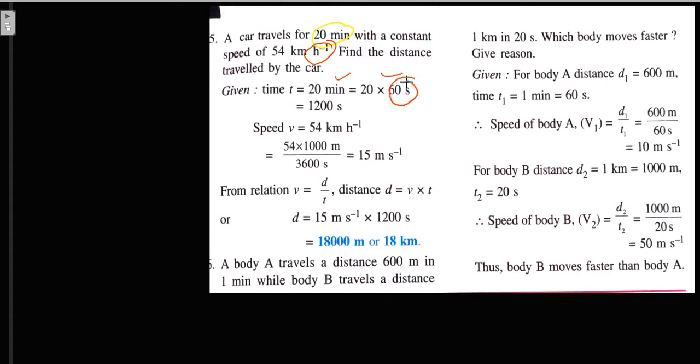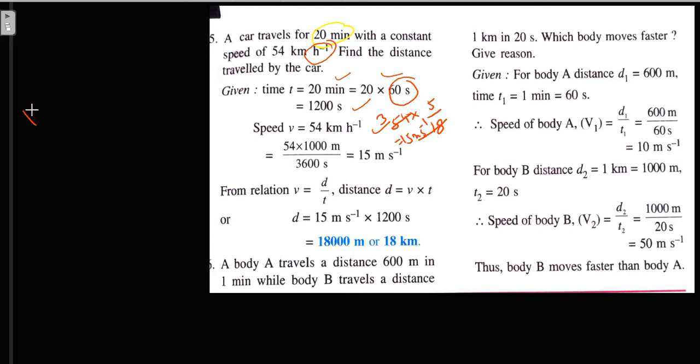We multiply 60 by 20, 1200 seconds. You can do it easily by 54 multiplied by 5 upon 18, as I have told earlier. So you will get 15 meter second minus 1, right?